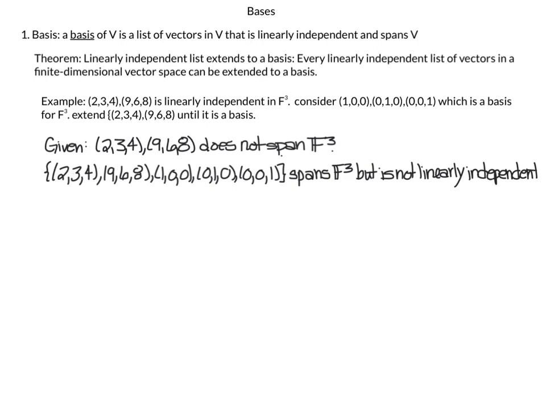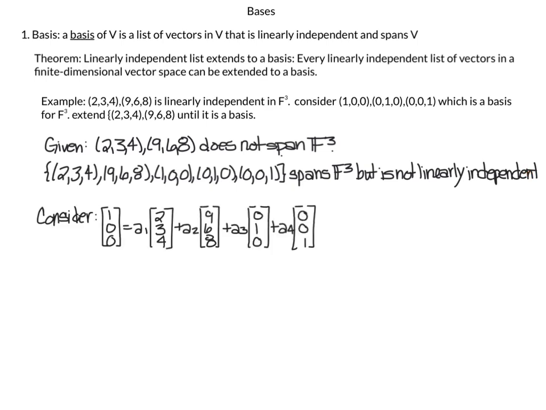The idea is we need to augment the 2, 3, 4 and the 9, 6, 8 to be linearly independent and spanning F3. What I did is I chose at random my first vector, 1, 0, 0. And I looked to see if it was a linear combination of 2, 3, 4, 9, 6, 8, and 0, 1, 0, and 0, 0, 1.